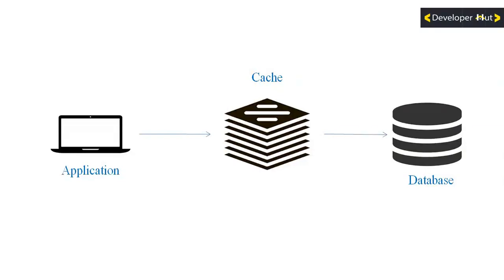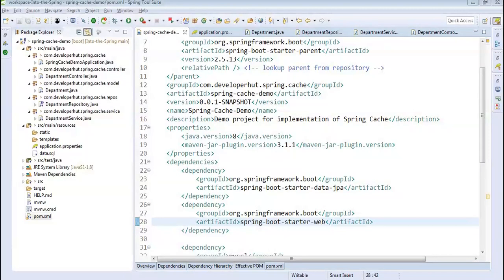Now let us first understand the problem statement, and then we will proceed on how to implement the Spring cache. Let's first understand how exactly the application works. I have created a very simple Spring Boot application which contains certain dependencies.